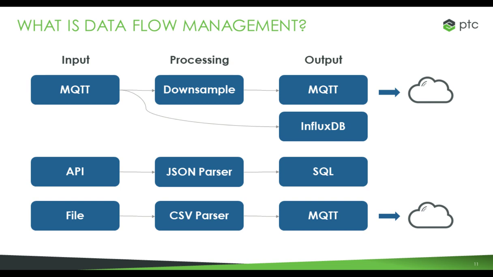Just to show some examples, I've included a handful of hypotheticals here. So in the top example, you've got data coming in over MQTT, which, for those of you who are unfamiliar, is a very popular protocol in the IoT, and you could say this data is hypothetically coming in over a wireless sensor. A handful of these new wireless sensors are using MQTT to transmit the data.